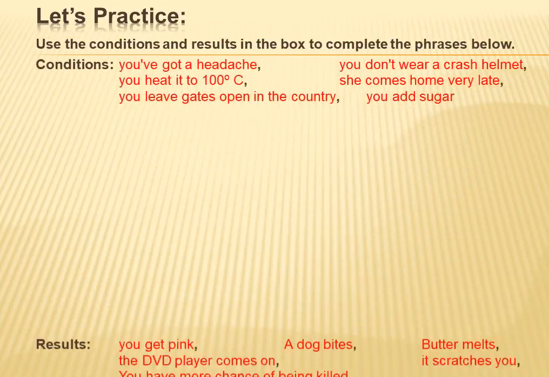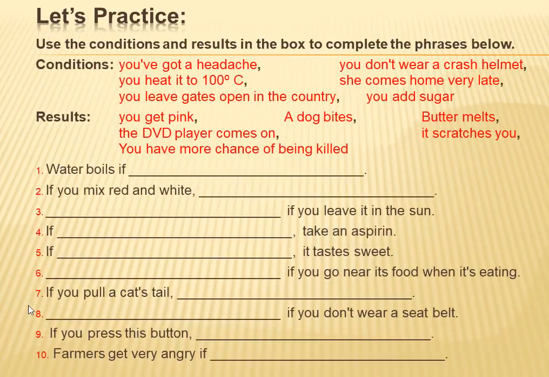Okay, so now I want you to practice a little bit with this one, about the zero conditional. There are 10 exercises. Condition and result. Water boils if you what? Which one would you choose to complete it? I would choose: if you heat it to 200 degrees Celsius. Yes, correct. Number 2: if you mix red and white, what do you get?